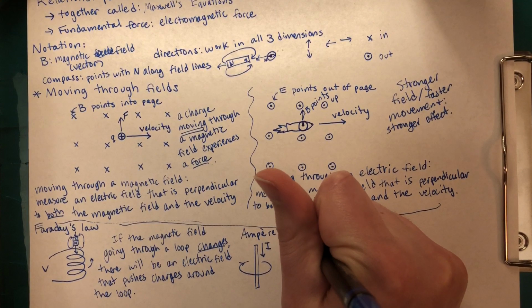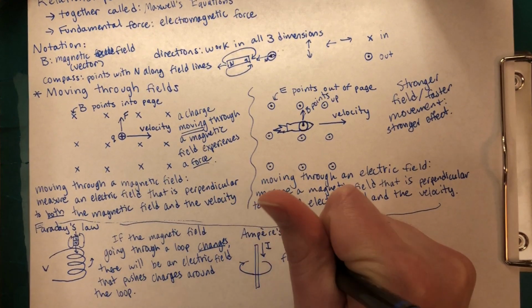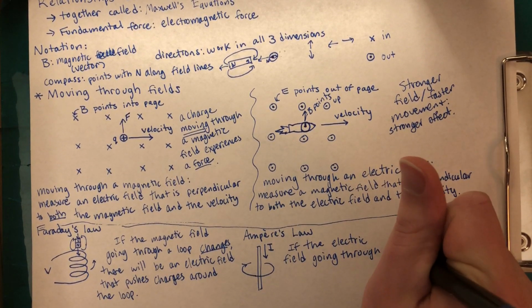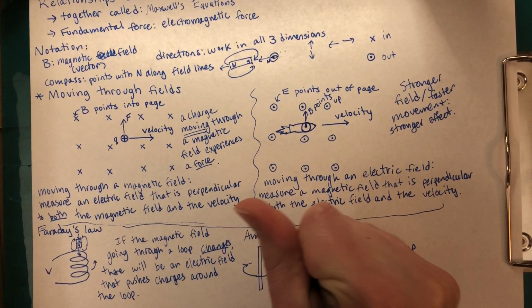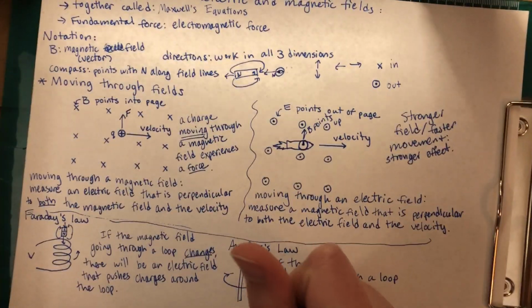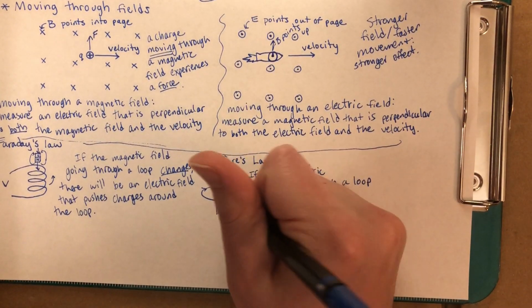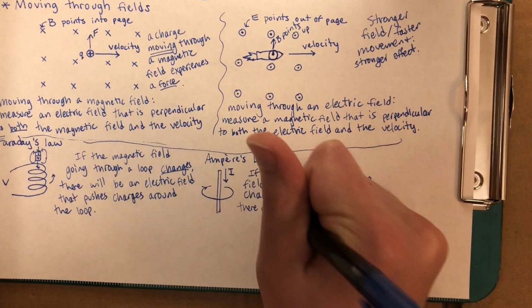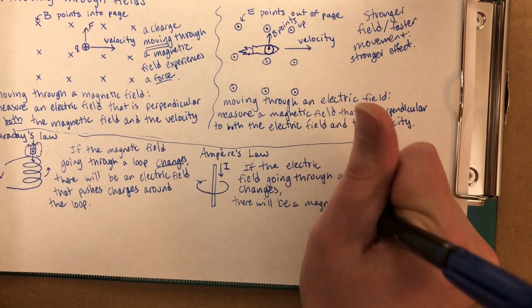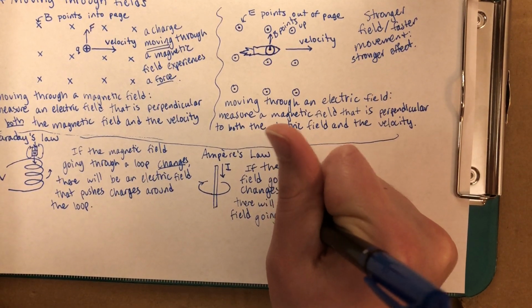So if the electric field going through a loop changes, there will be a magnetic field going around the loop.